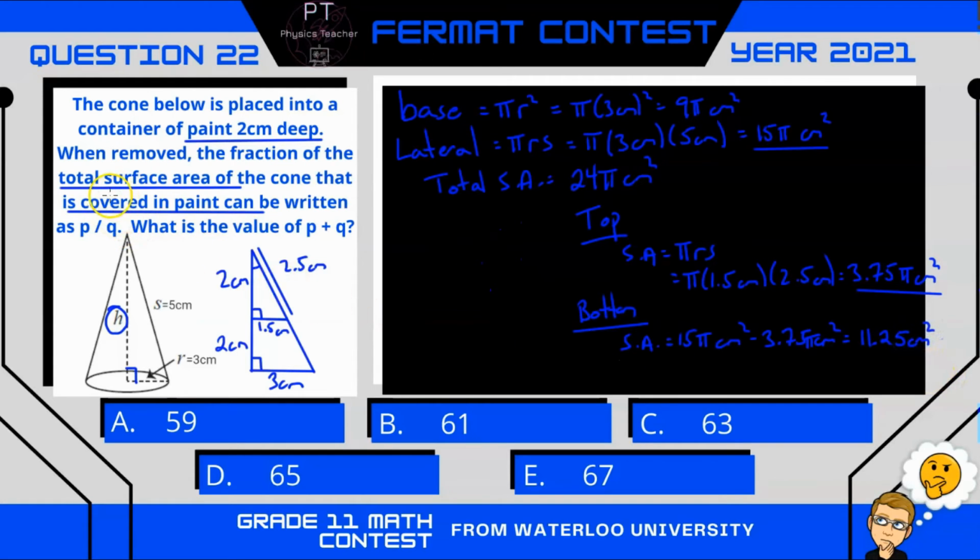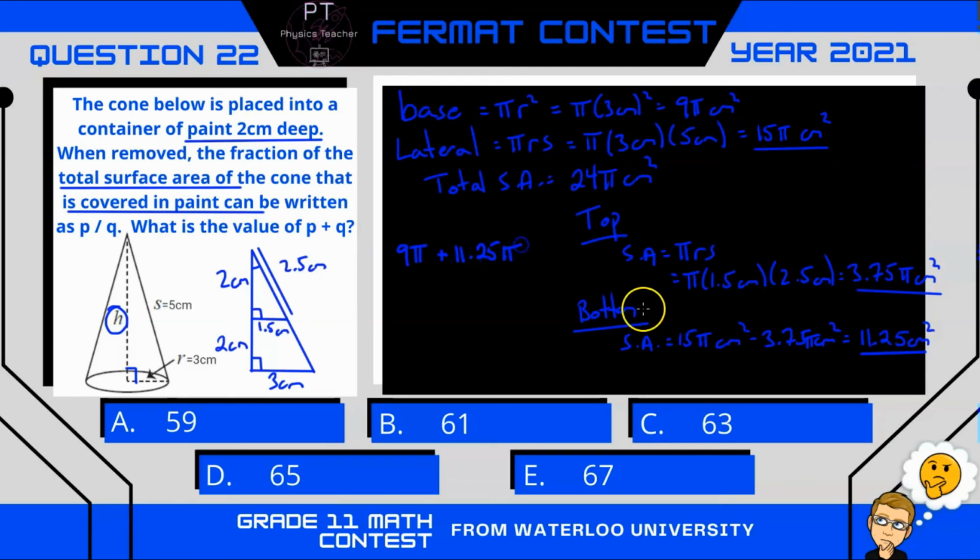Alright then, so the question says the fraction of the total surface area of the cone that's covered in paint. So the surface area that will be covered in paint will be the base, so that'll be 9 pi centimeters squared, plus this bottom portion of the cone, which we calculated to be 11.25 pi.